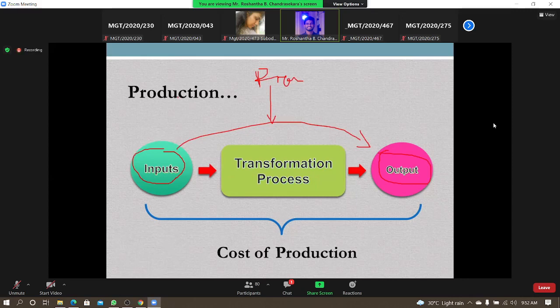In this entire process, different types of costs need to be incurred. So in this session, we are identifying these different types of costs.